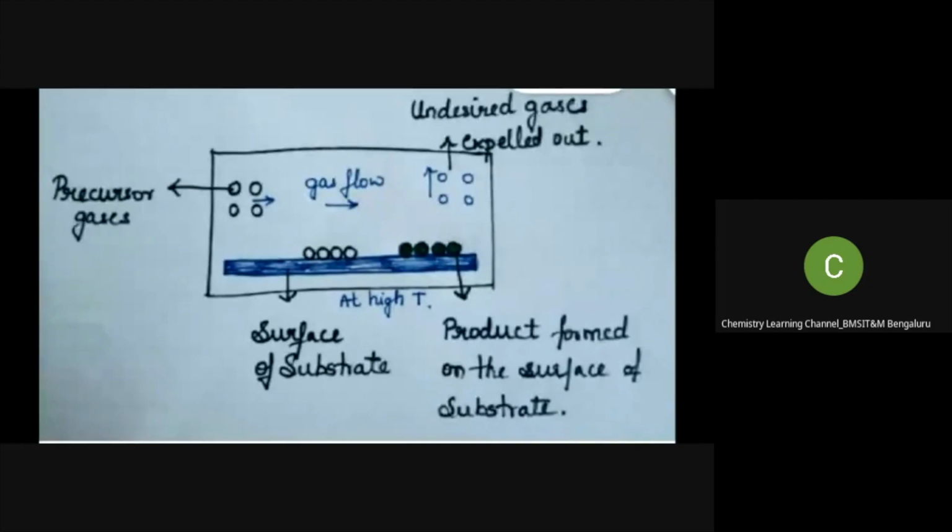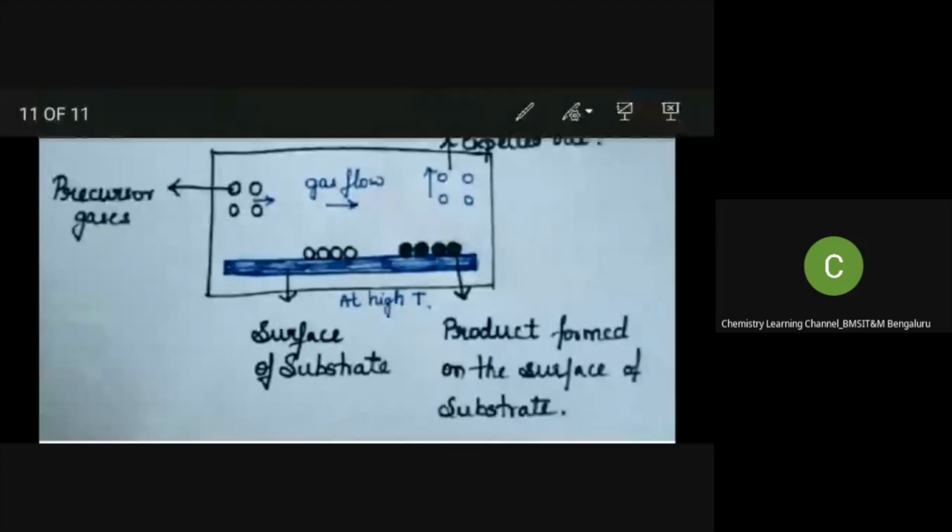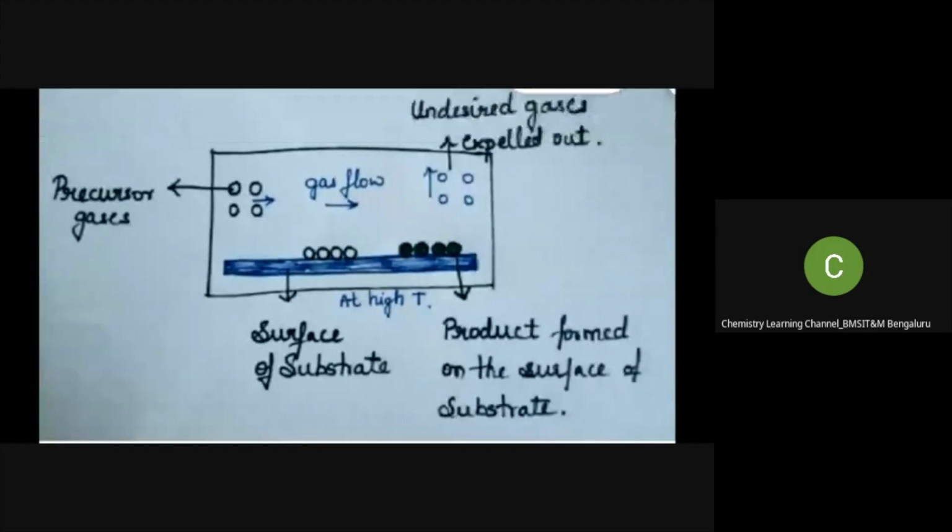The product, that is the nanomaterial which is required, is only deposited on the substrate. This process is called chemical evaporation condensation. Here, the condensation process is involved to get the nanomaterials. This is the end of the synthesis of nanomaterials.